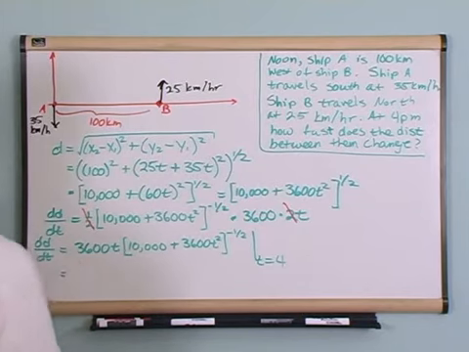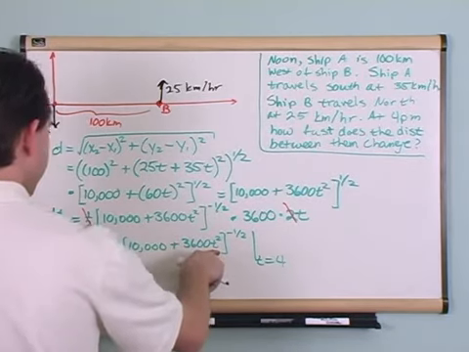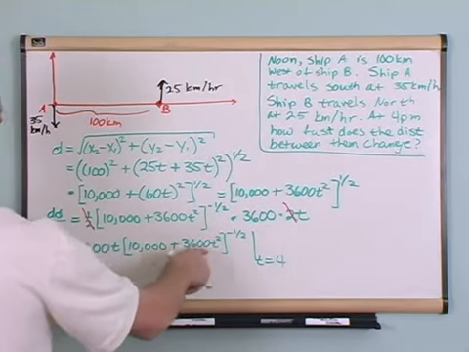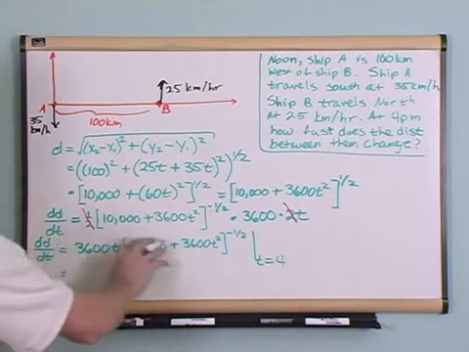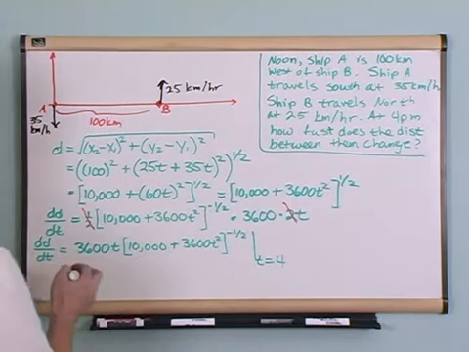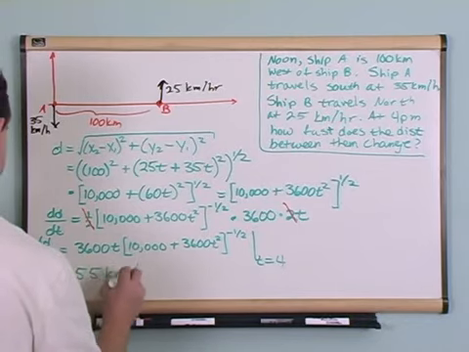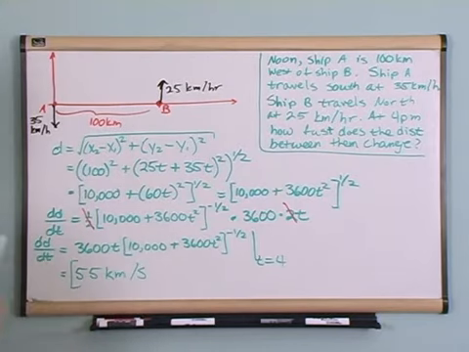So when you plug in a 4 into here and a 4 into here, you have 4 times 4 is 16, and you have a 4 out here, and you multiply all this stuff, raise this to the negative 1/2 power, what you get is 55 kilometers per second. And I know I skipped a little bit of arithmetic there, but basically I put that in my calculator when I solved the problem, so you would end up doing the same thing.